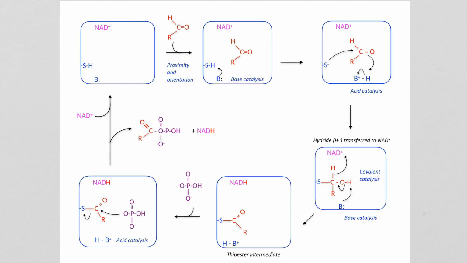In the next step, the inorganic phosphate will diffuse to the active site and it will attack this carbon here, breaking this bond. Here the histidine acts as an acid, gives the hydrogen to the sulfur, and we regenerate the sulfhydryl group in the enzyme as well as the histidine in its basic form.